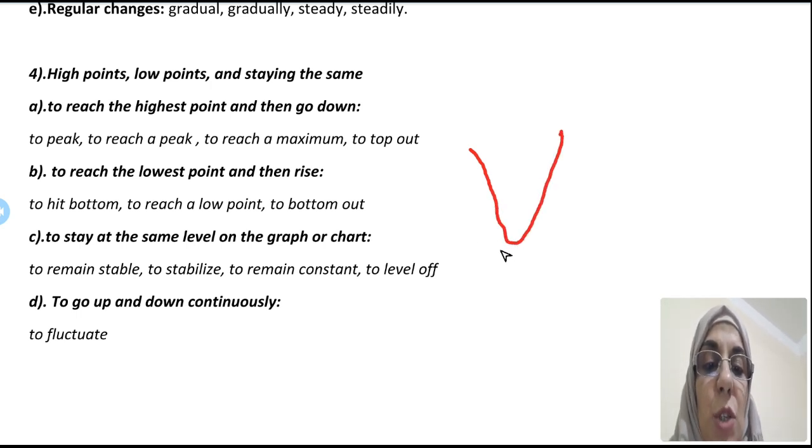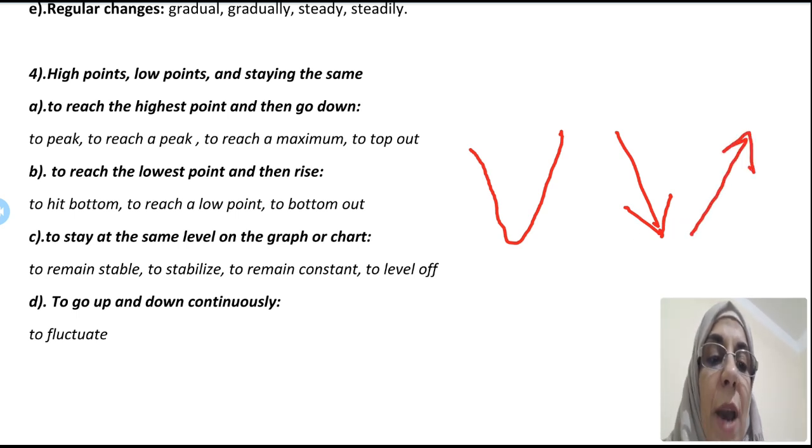This is the lowest point, okay, which means if I've got to illustrate this via arrows, this is the way I should do it. To hit bottom, to reach a low point, to bottom out, which is the contradictory word to top out.